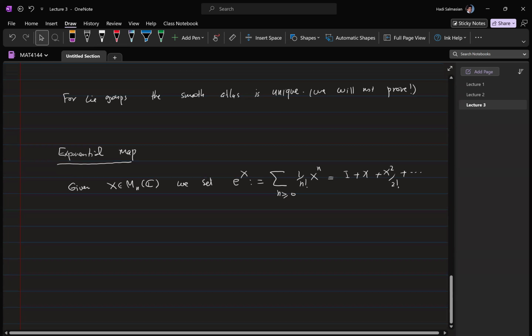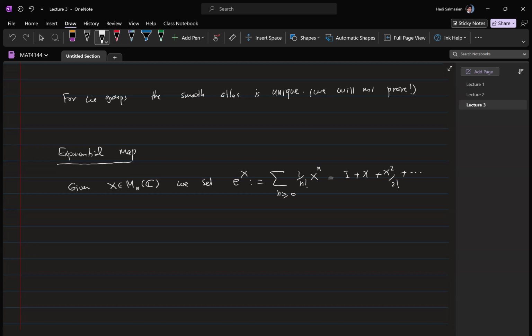So to do so, we need to use, again, convergence in some R^n, but this time this will be R^(n squared), basically, or C^(n squared). And then we need some norm, and the good norm for this picture would be the Hilbert-Schmidt norm on matrices.